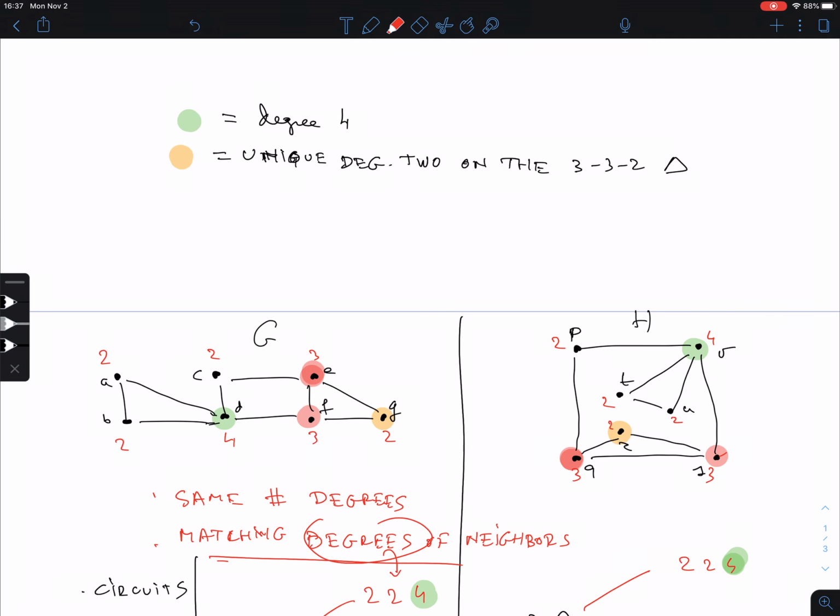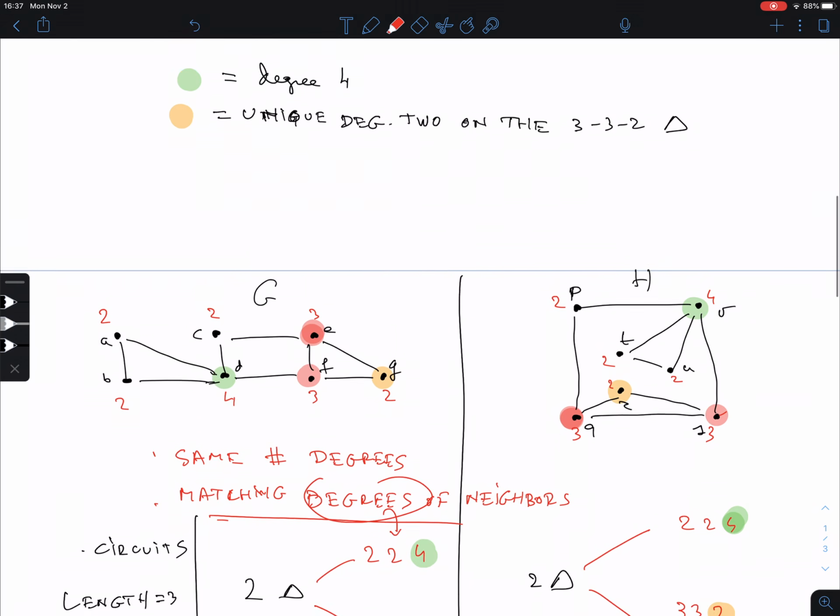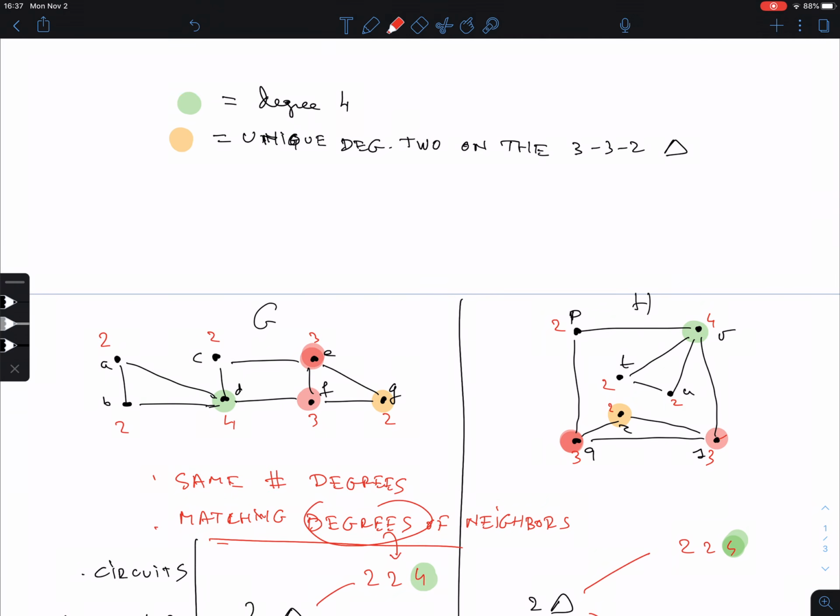Okay? So I hope the color indications are clear. So we have 3 more degree 2s that we have to allocate. Now notice that of the 3 degree 2s, only one of them lies on a path of length 4. This is the only one of length 4.